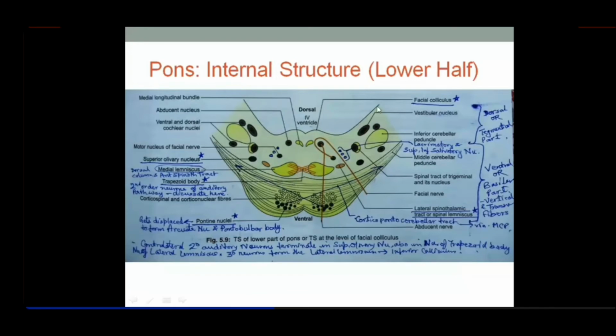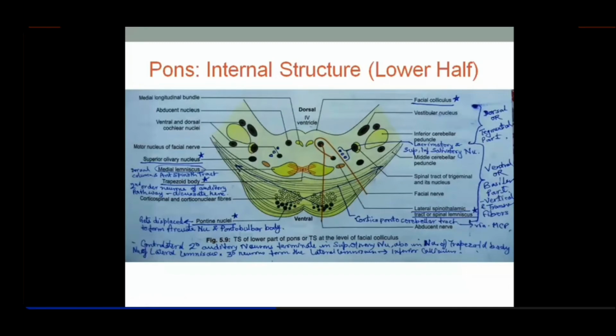They pass through the trapezoid body to the superior olivary nucleus, and from the superior olivary nucleus they extend up into the thalamus and reach the medial geniculate body, and those will be the third order neurons.